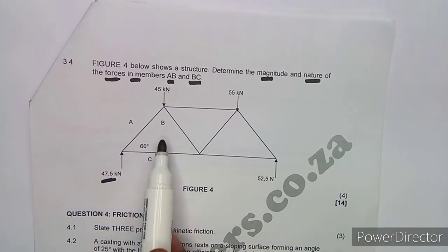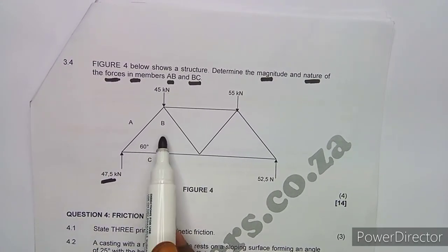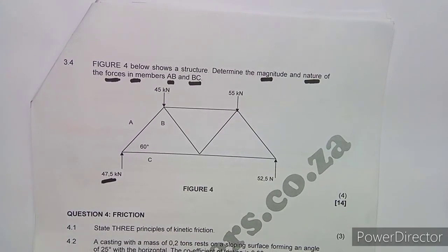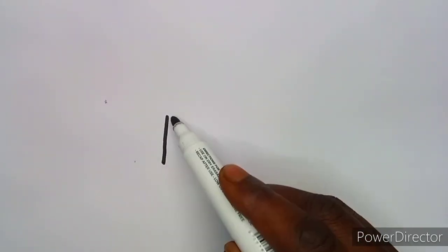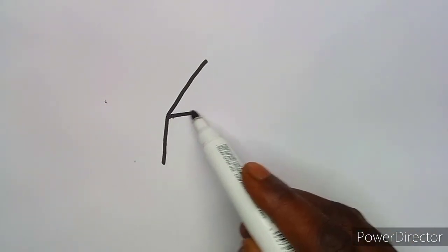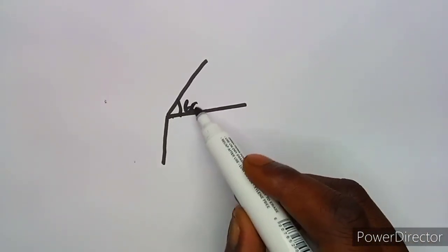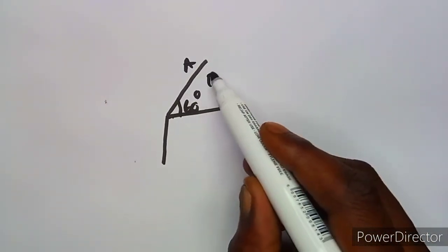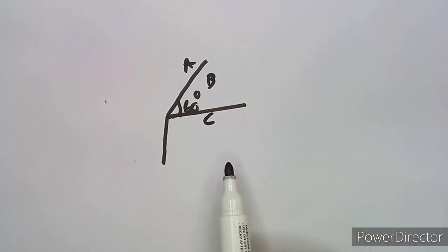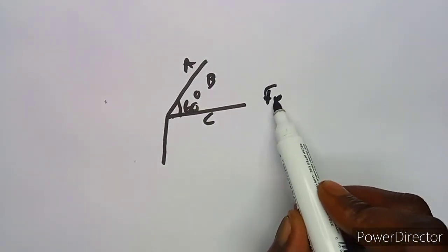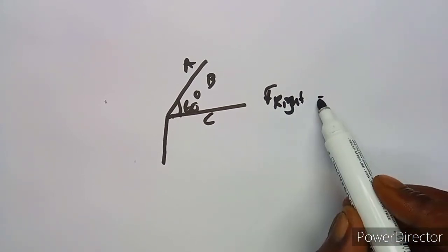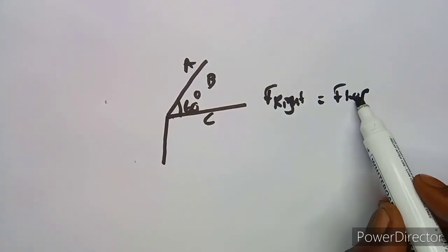Then BC. For you to have your BC this time, remember the concept, we need FBC. So now we are going to work with forces to the right equal to forces to the left. So you're just going to take this as this. Don't mind that, it's just going to be like this, and this is your 60 here. That was our A, B, and this is our C. So F right should be equal to F left. All right.